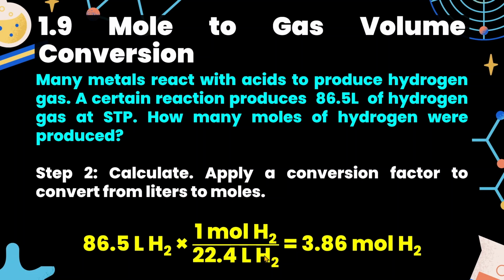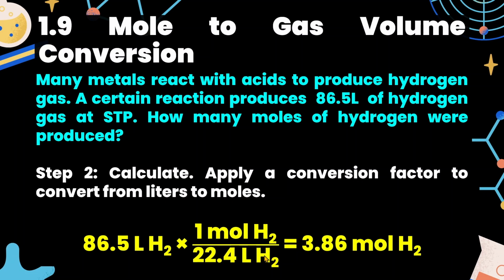When solving for the correct answer, the way is just like what we did in mole-to-mole conversion or in our previous conversion practices or problems. So we just simply multiply the given information to the conversion factor. This time, our conversion factor is the value of moles and liters of gas at STP. So see to it that the units are cancelled.